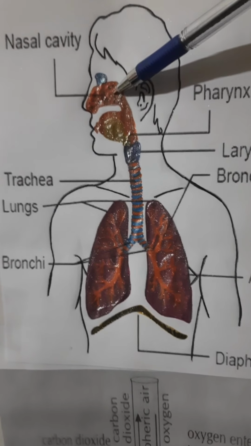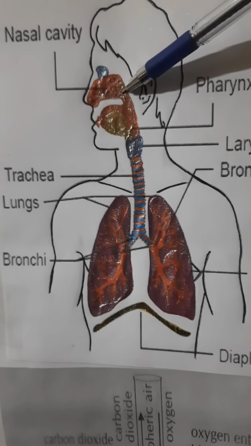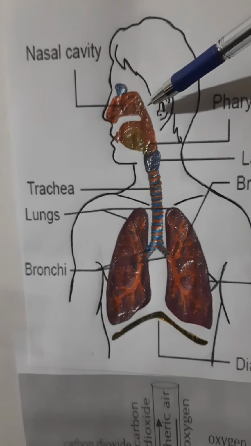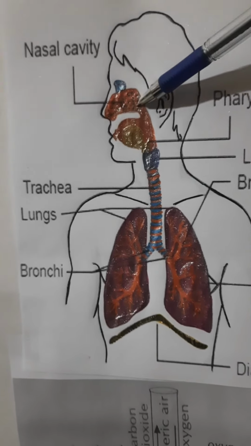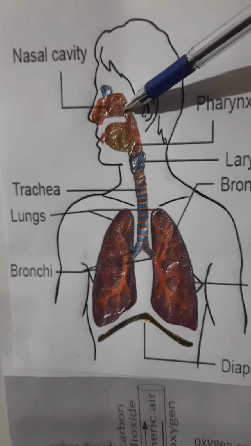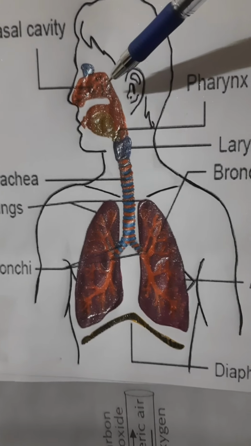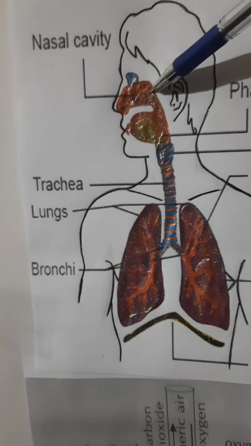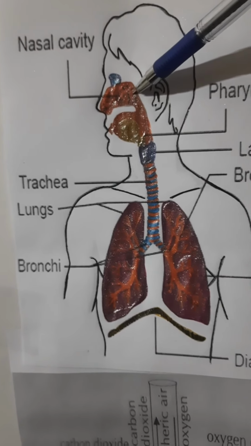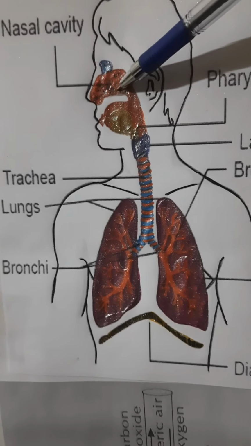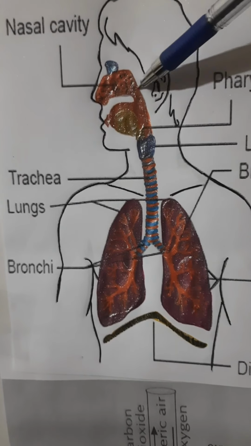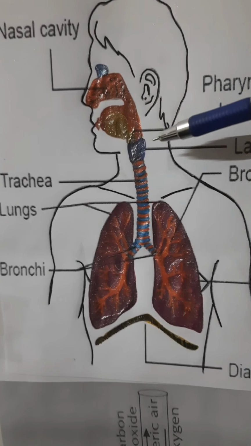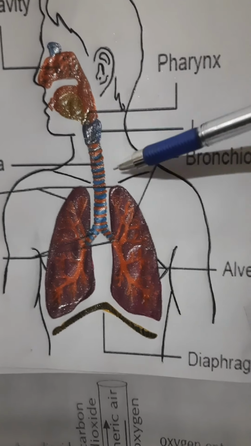As the air passes through this cavity, it becomes warm and it also gets moistened by the mucus secreted by the membrane lining of the nasal cavity. So the dust and other particles present in the air get trapped by the mucus and hair present in the nasal cavity. Now from this nasal cavity, the clean, moist and warm air passes into the trachea or the windpipe.